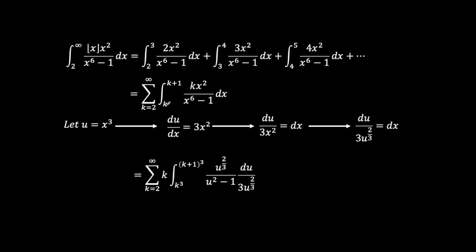And since u is equivalent to x to the power 3, the lower limit now becomes k to the power 3, and the upper limit becomes k plus 1 to the power 3. We pull this k out of the integral sign, but in place of x squared, we have u to the power 2 over 3. In place of x to the power 6, we have u squared minus 1. And then in place of dx, we have du over 3u to the power 2 over 3.